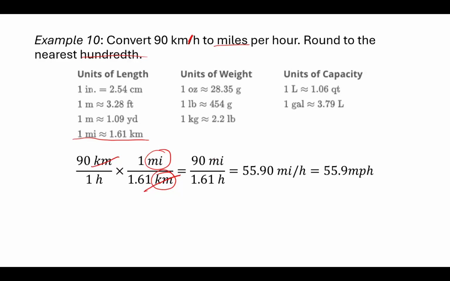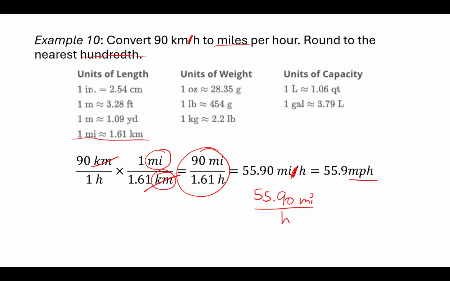And more common, if you leave it, you could write it like this, 55.90 miles per hour, and you put the hour below or here. But the most common way of writing miles per hour is mph. So you could also type it in that way, 55.9 mph.